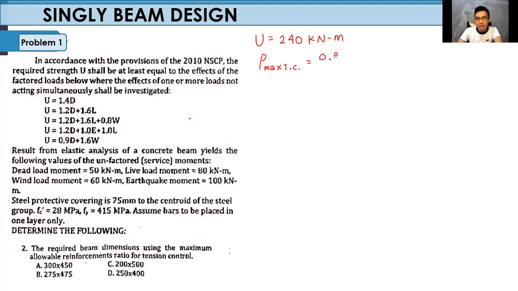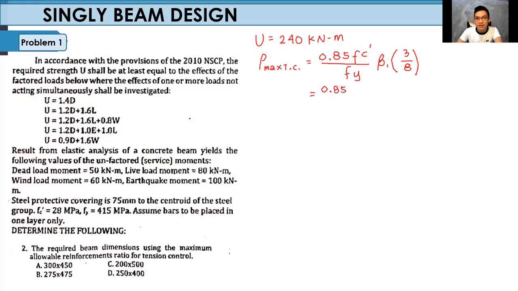Is equivalent to 0.85 FC prime divided by Fy natin multiplied by beta and multiplied by 3 over 8 kasi tension controlled tayo. Okay? So therefore, substitute na natin yung kanyang mga values, 0.85.